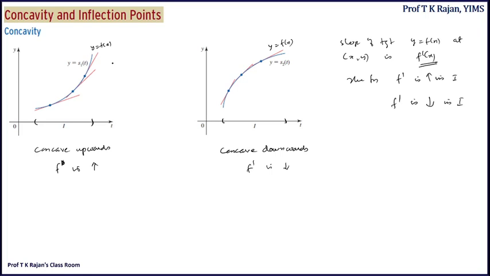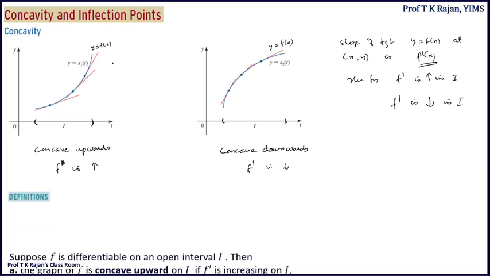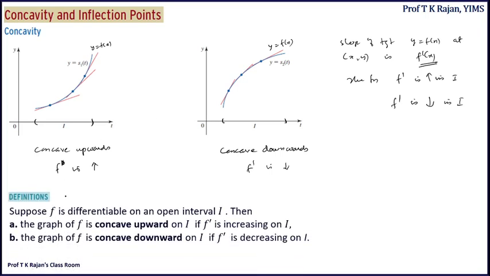Now we'll see the definition of concavity. Suppose f is a differentiable function on an open interval I. Remember, we are talking about a differentiable function only in the interval I. That means at any point the derivative exists. Then only we will get the function f dash.